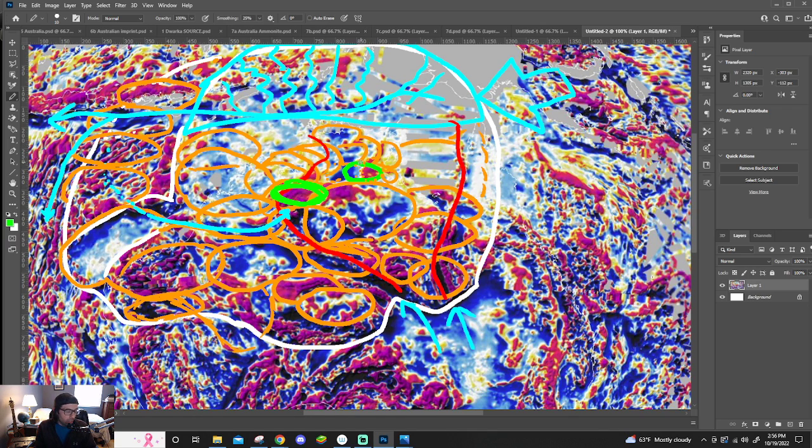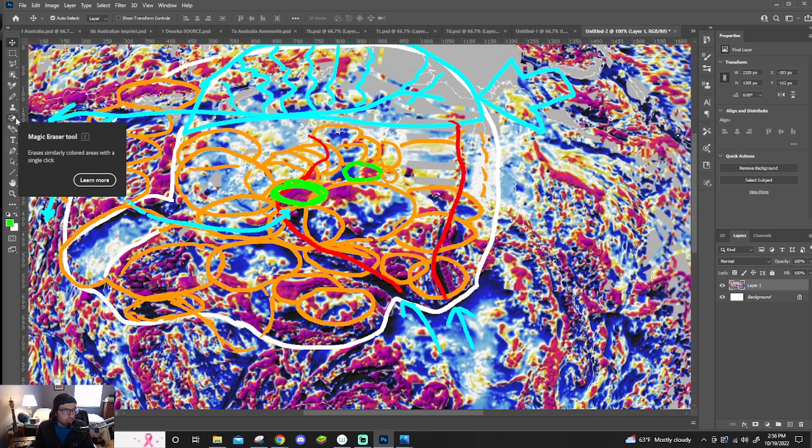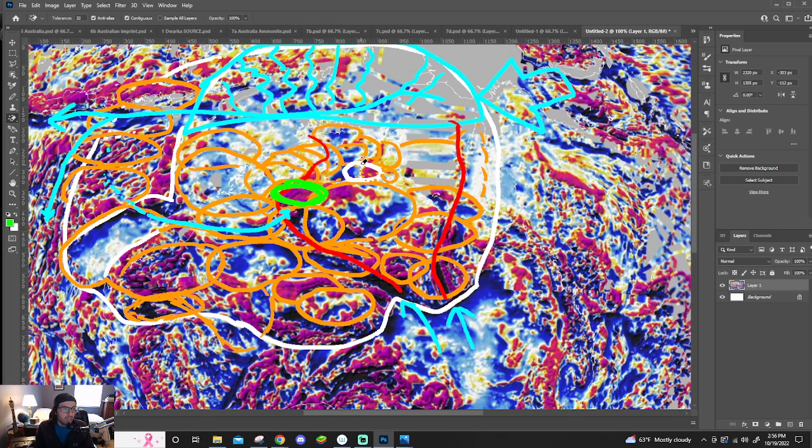No, I don't think I can individually erase that. Let's just see if I can erase this green. It just erases the whole area.